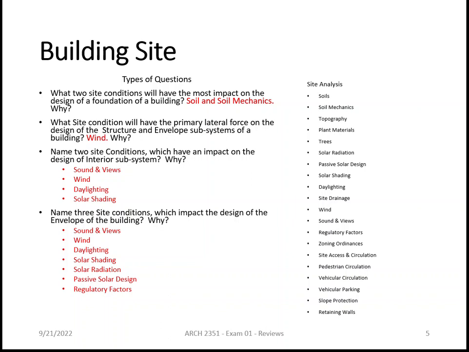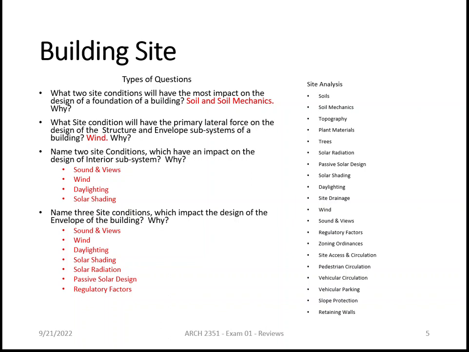What site condition will have the primary lateral force on the design of the structure and envelope subsystem of a building? And of course, that's wind. That's the primary lateral source that we have acting on all buildings. There are others, but that's the primary one. It rules most design. And then name two site conditions which have an impact on the design of the interior subsystem.